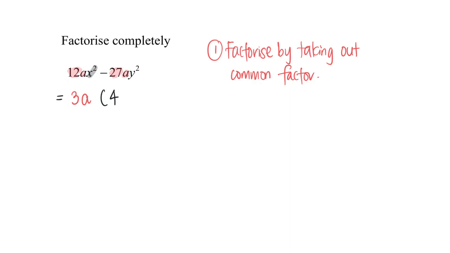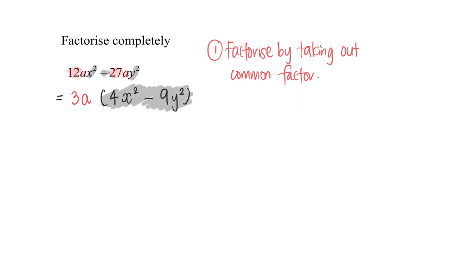I have my x squared minus 27 divided by 3 will be 9 y squared. Now the next part here though, how do I factorize this?